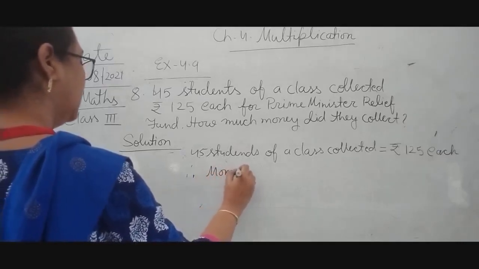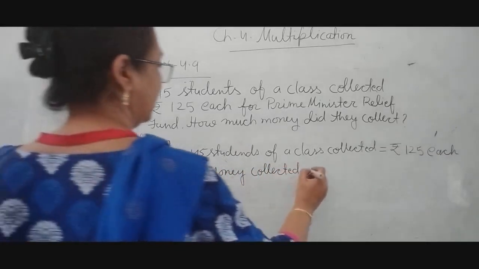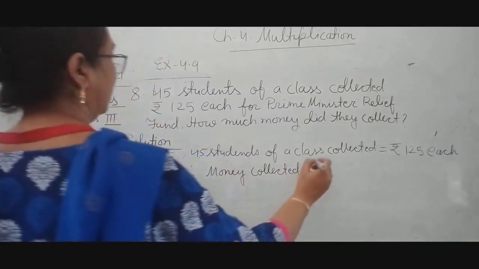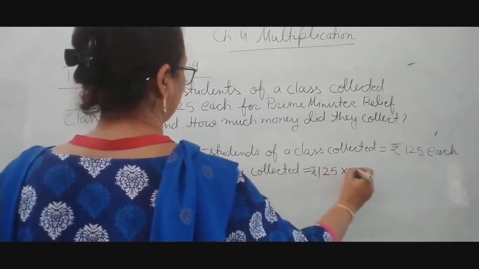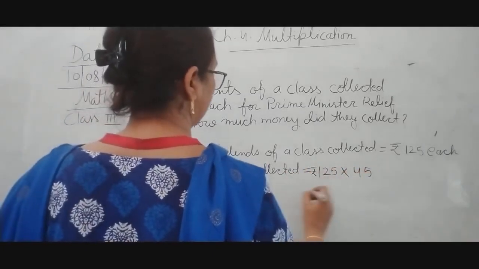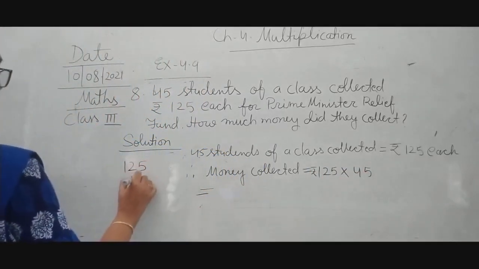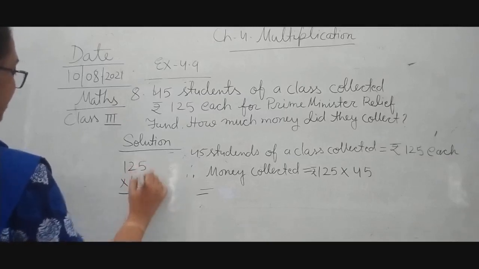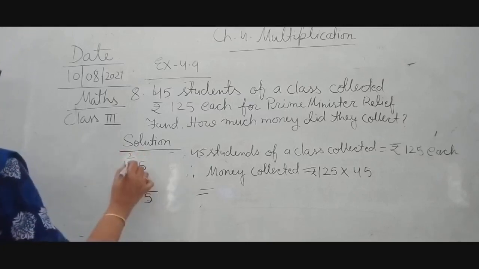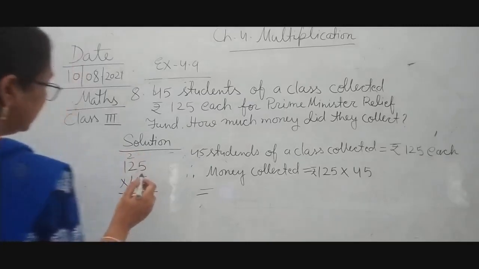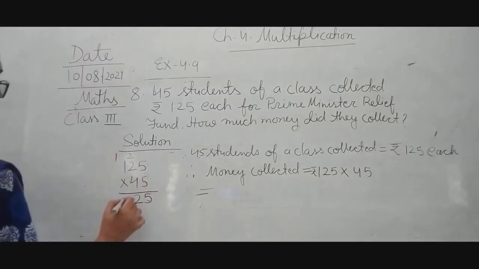money collected equal to 125 multiplied by 45. Okay. Now 125 times 45. 5 5s are 25, 2 will be carry over, 5 2s are 10 and 2 is 12, 1 will be carry over, 5 1s are 5 and 1 is 6.